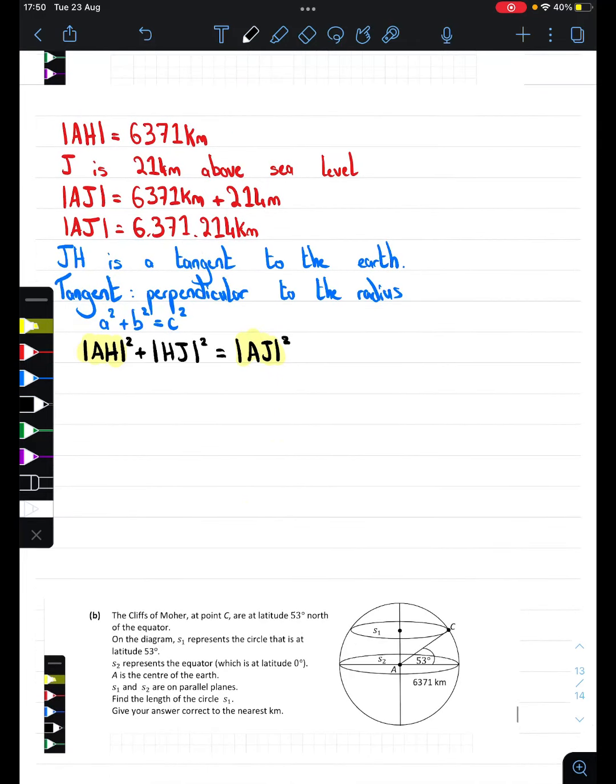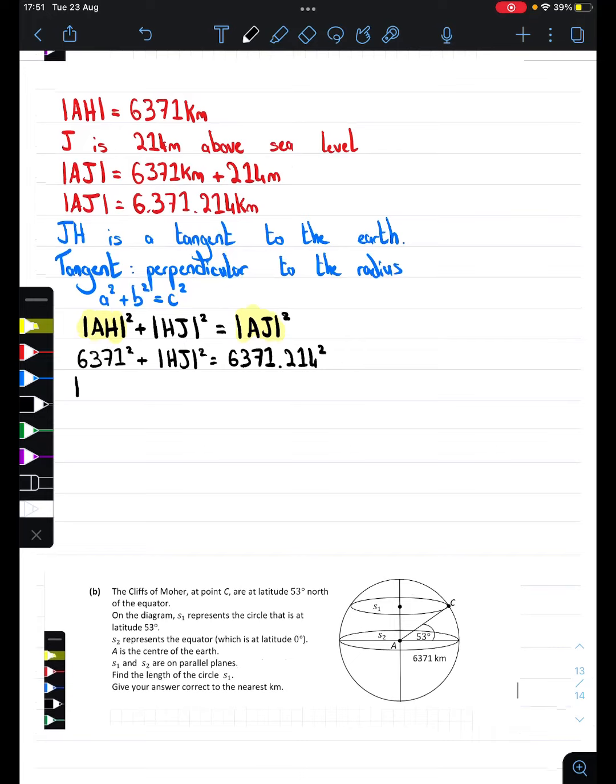So 6,371 squared plus HJ squared equals (6,371 plus 0.214) squared. And so our HJ is the square root.